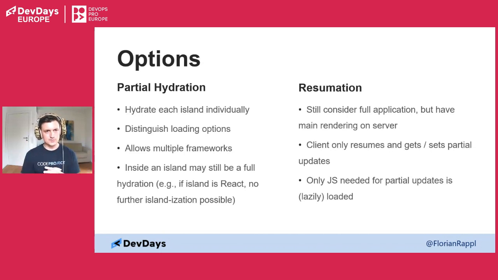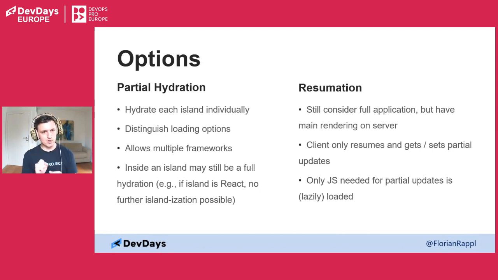So there are two options for this. One is called partial hydration. You already know what you've rendered on the server, and you don't want to hydrate the same thing again, because you do the work twice, and most of it just for nothing. What you want to do instead is hydrate just some components, and not at the same time, but whenever you feel like you're ready to.